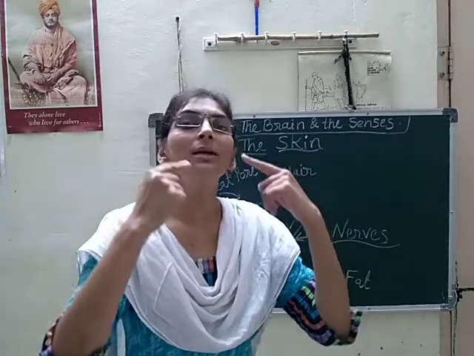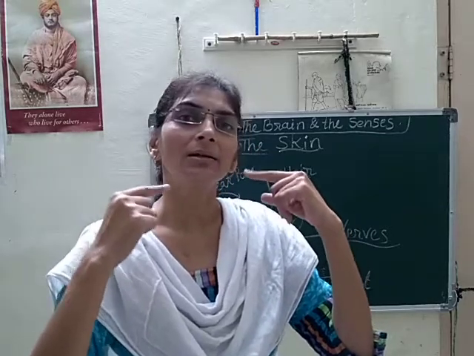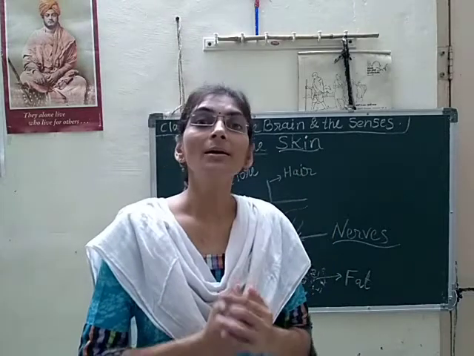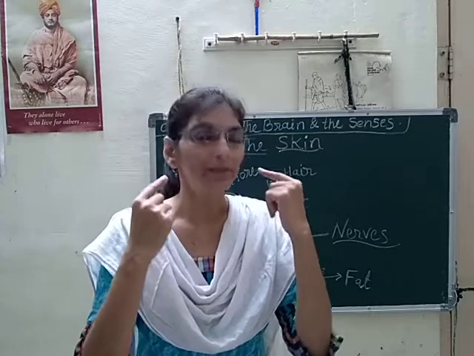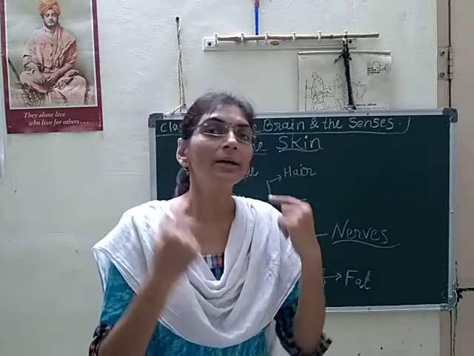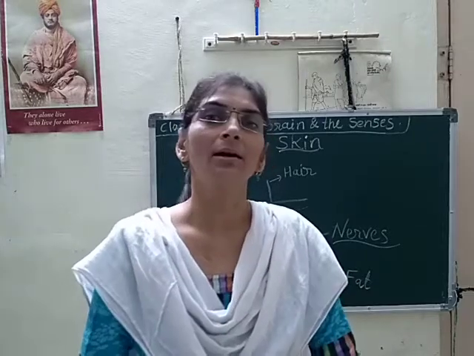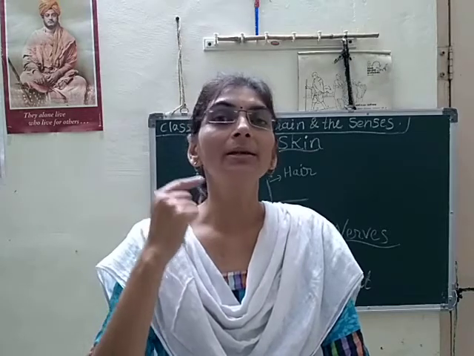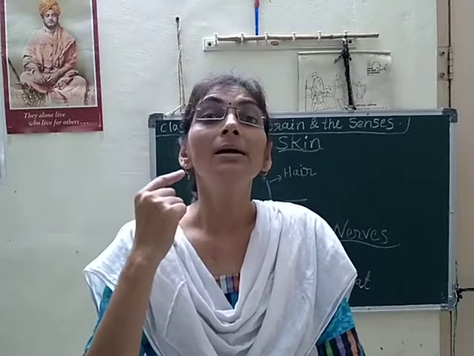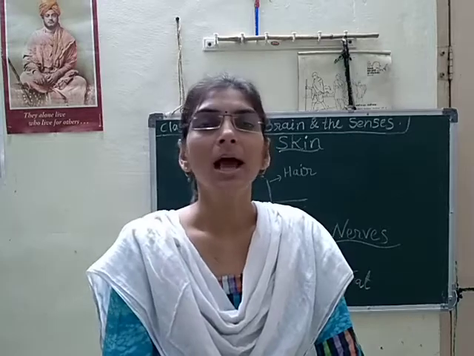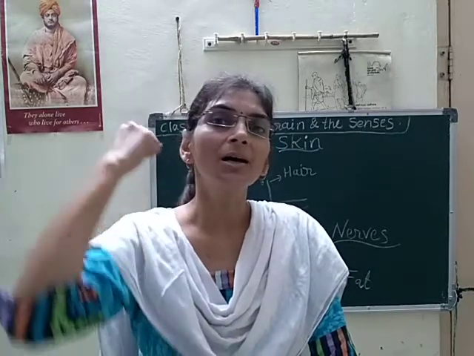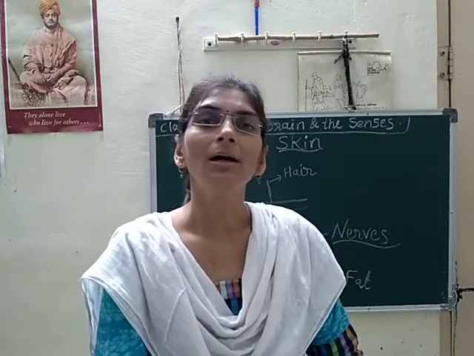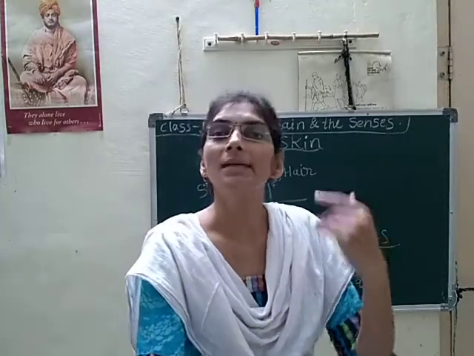So this type of area is fixed in our tongue for the sensation of taste. Through that area, we get the taste by the receptors, and those receptors convey the message of the taste towards the brain, as in all our sense organs.